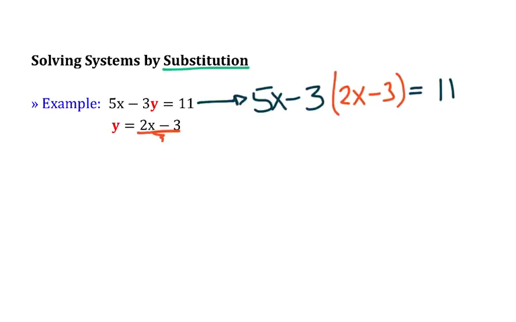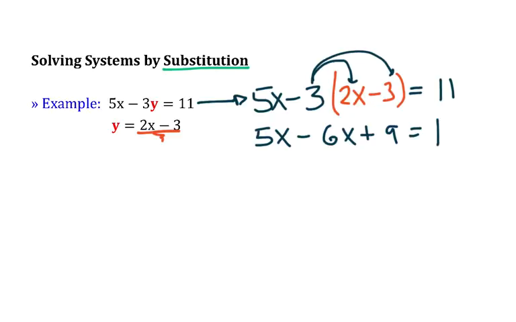So if we continue solving, we have 5x minus 6x after distributing, plus 9 after distributing, equals 11, and hopefully this looks like a friendly linear equation. So I'm going to combine my like terms of 5x and negative 6x to get negative 1x, plus 9 equals 11.